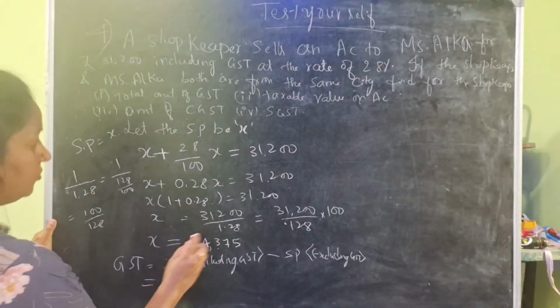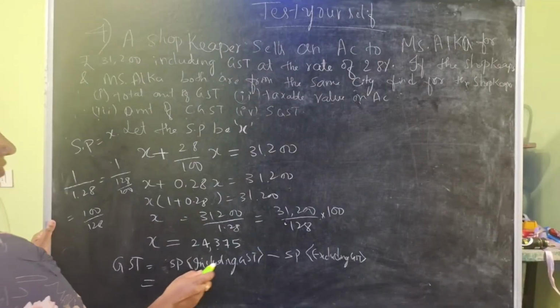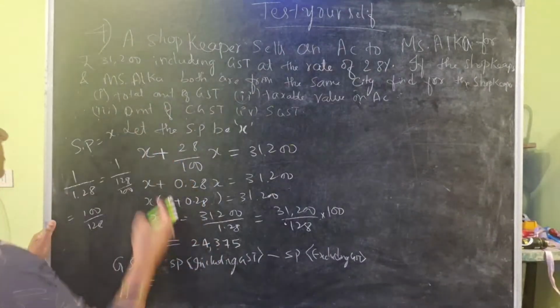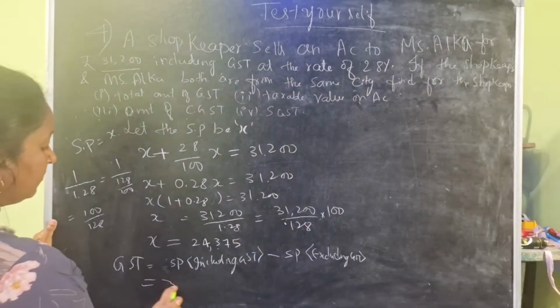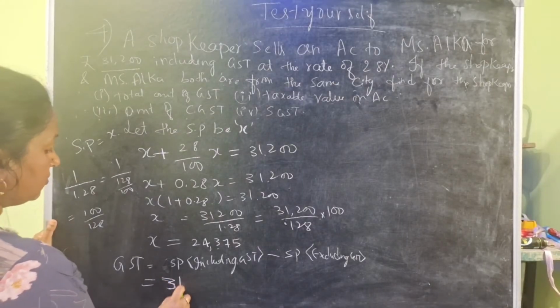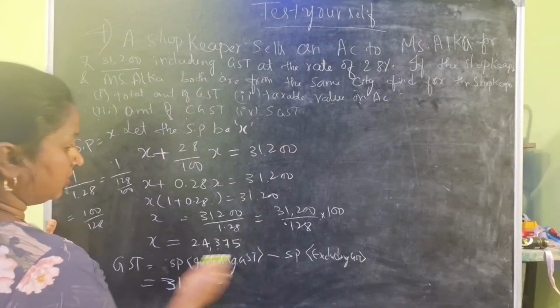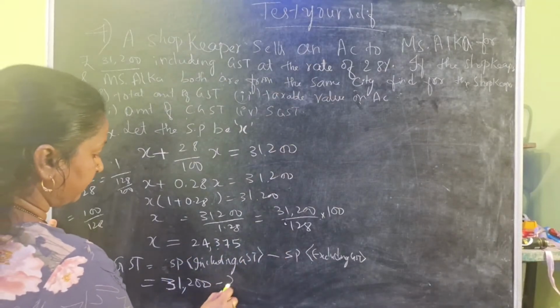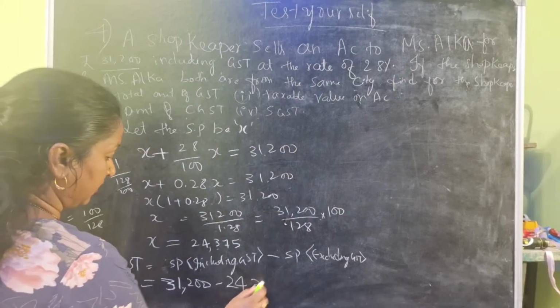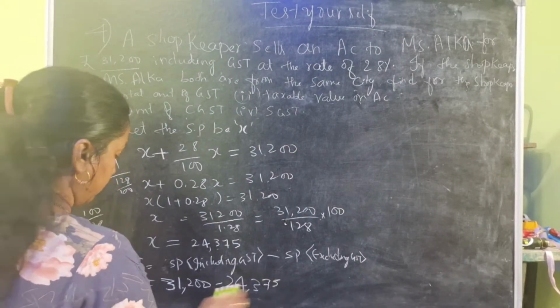The selling price including GST is already given, 31,200, minus excluding GST, 24,375.